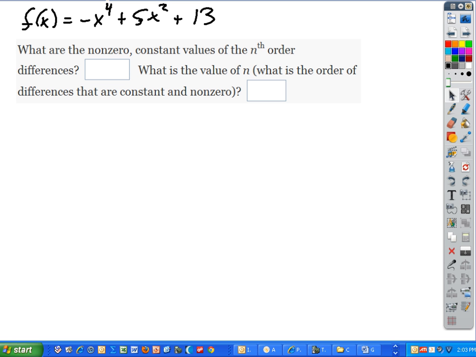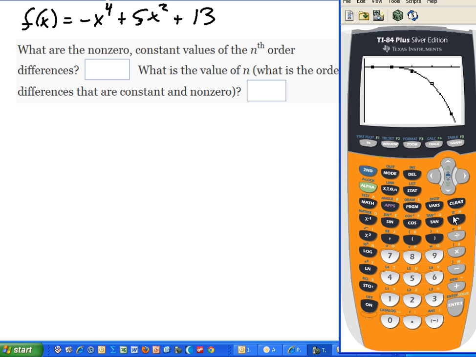Okay? So I want to show you a couple things about this. I'm going to show you a good shortcut in a second, but I want to remind you of the process. So if I pull up the calculator, okay, now here's what we can do.